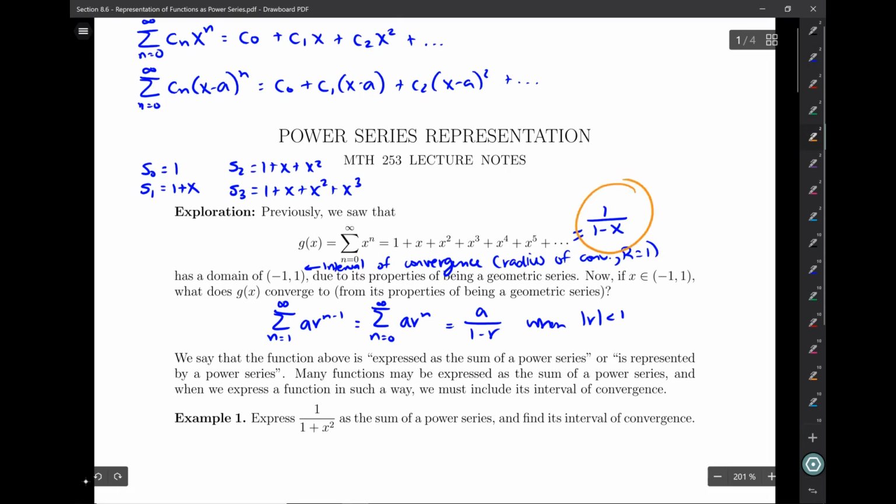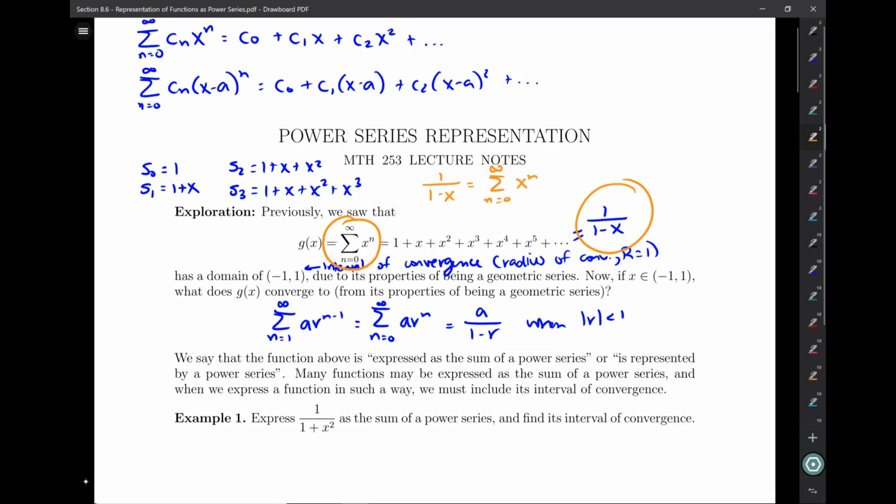There we go. So we're going to be essentially manipulating this power series representation, 1 over 1 minus x equals the sum from 0 to infinity of x to the n. We're going to be manipulating this power series to create new power series.